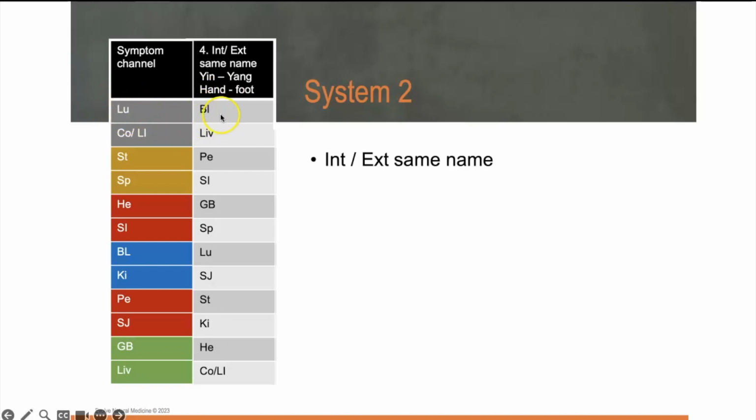Tai being Tai, we're going same name. We're going yin to yang, so lung is yin, bladder is yang, and we go from lung being hand to bladder being foot. So you can see there again, internal, external, same name. Tai is the first one.